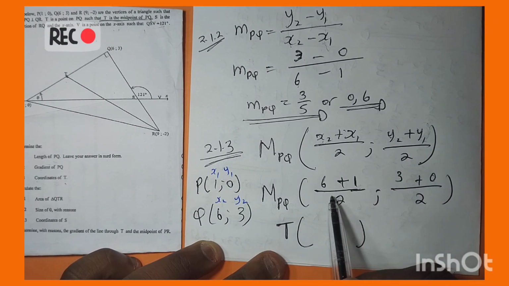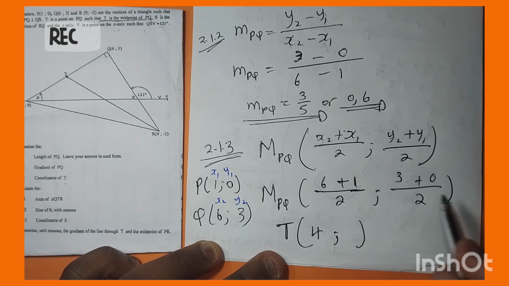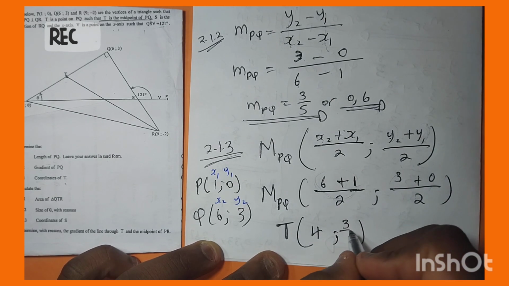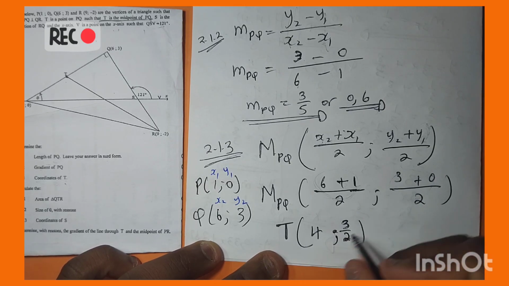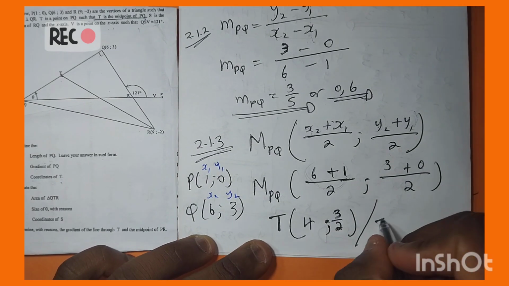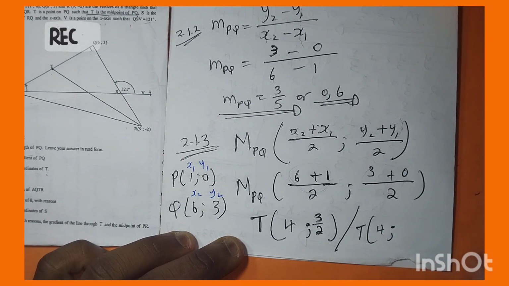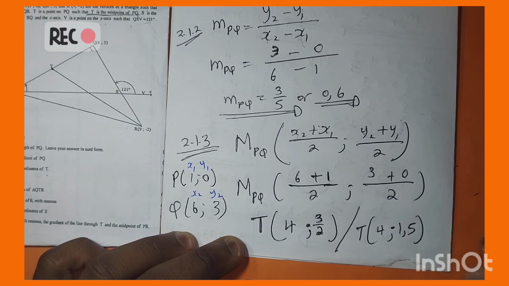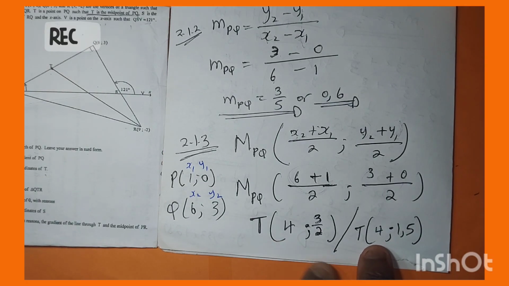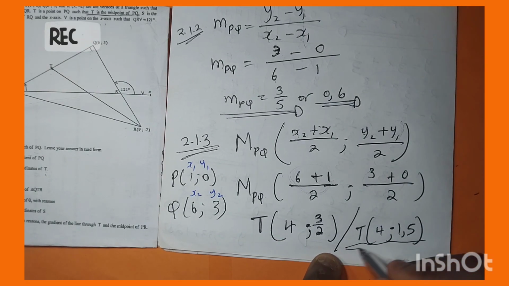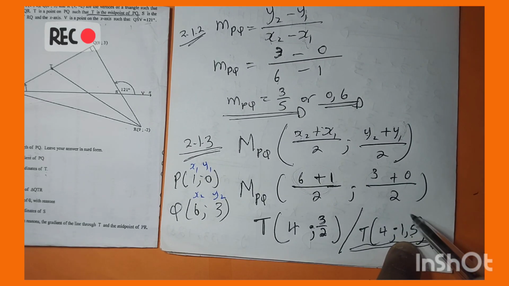So now you can use your calculator. When you press this on your calculator, you're supposed to get 4, and when you press this one it will be 3/2. Do you see? So you can leave your answer like this, or say T is (4; 1,5). It's up to you which method you use. But if you are dealing with coordinates, it is better to write them in decimal form.